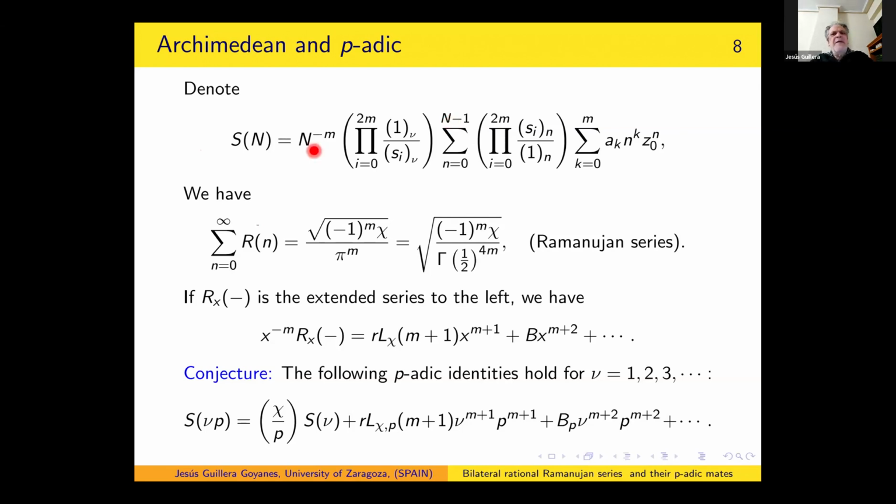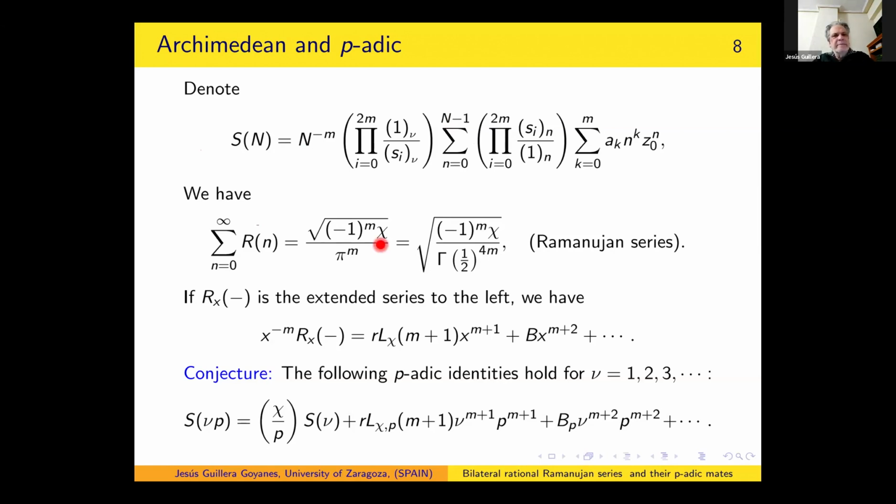And so with this factor, we have that this is orders of p, says to 0.